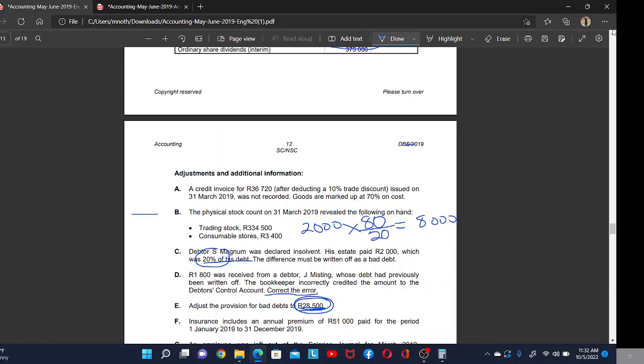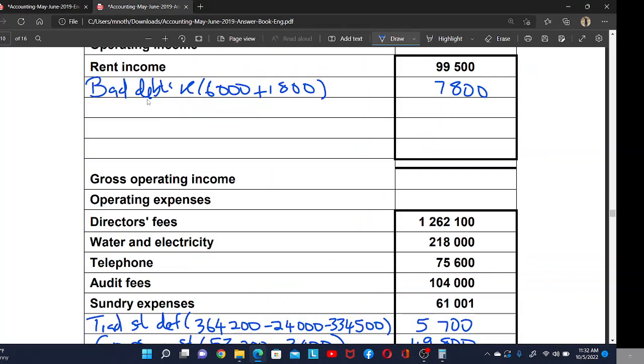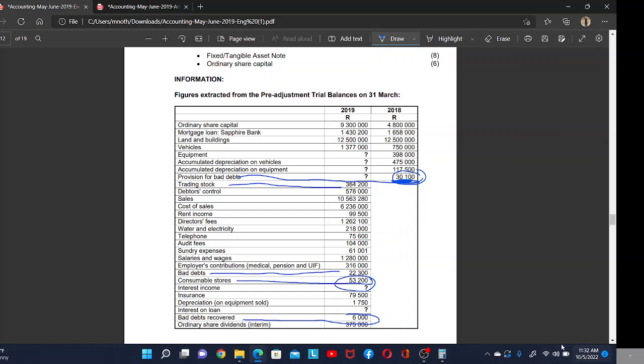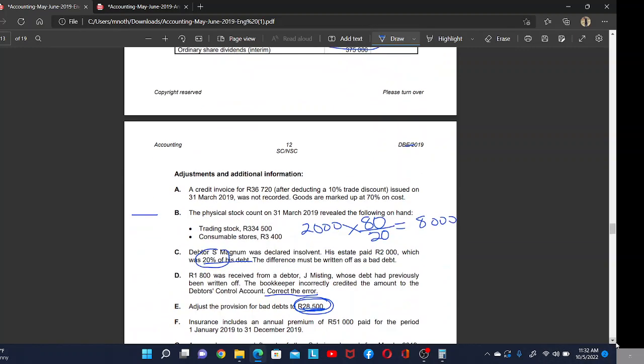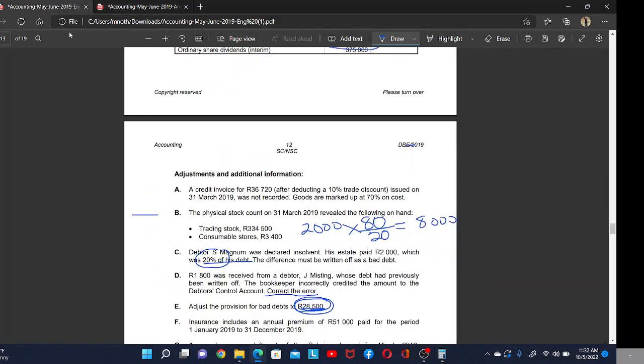So the provision is 30,100. Provision for bad debts, so it's 30,100. We want to find, so minus 28,500, which is 1,600. Let's continue.